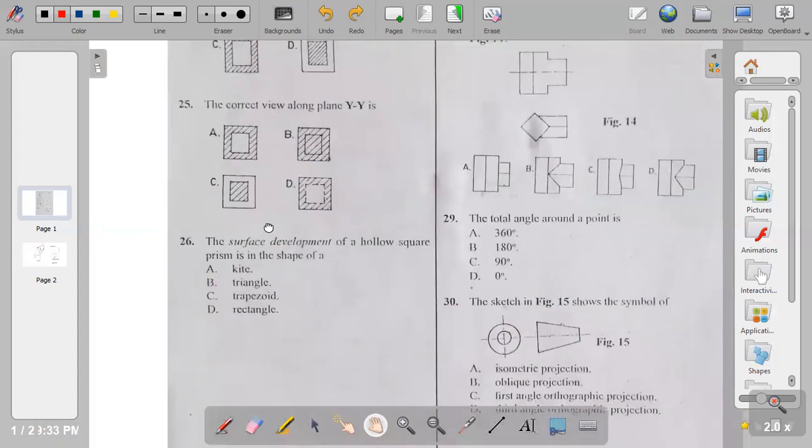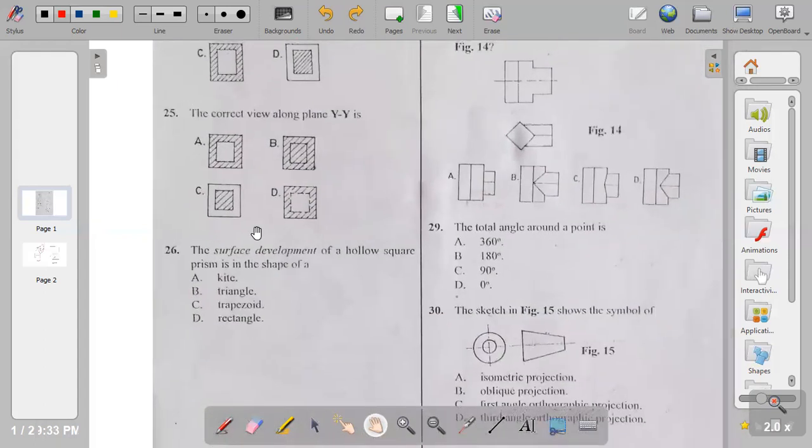Question 26. The surface development of a hollow square prism. Hollow square prism is in the shape of, is it a kite? No. Triangle? No. Trapezoid. When we talk about surface development, it is when you unfold a 3D shape. Now, when you unfold a square prism, what will you see?